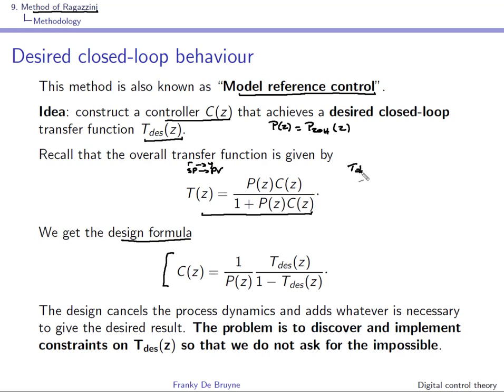So this is our desired transfer function, and we know that it is P of z C of z over 1 plus P of z C of z.